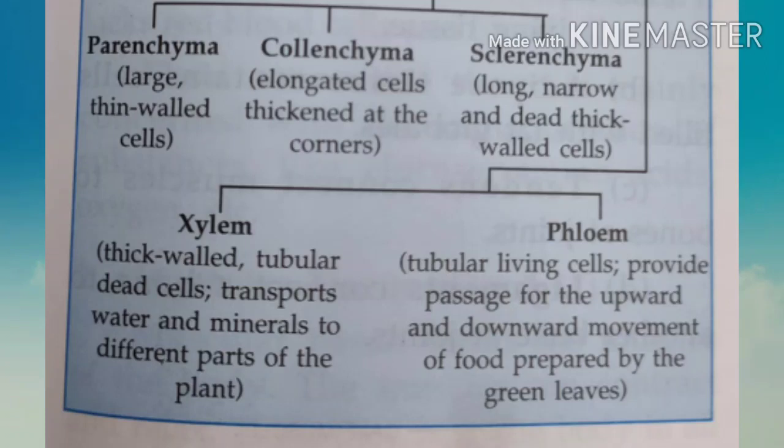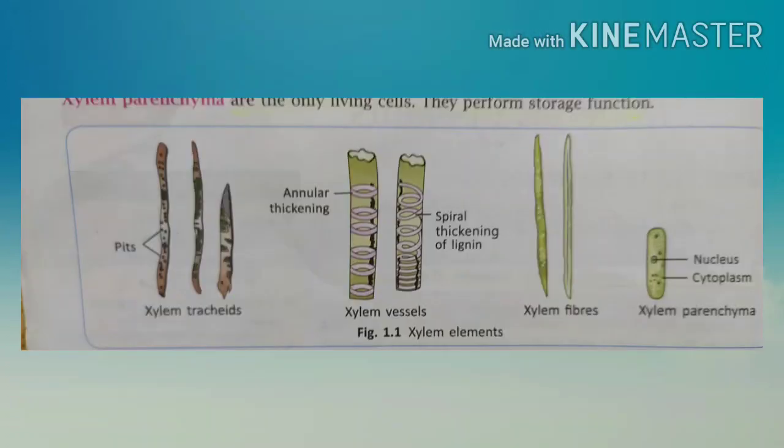So let's start xylem. Xylem is formed of thick-walled, tubular and often dead cells. These cells are placed end to end, and that is why gives the effect of tubular form.